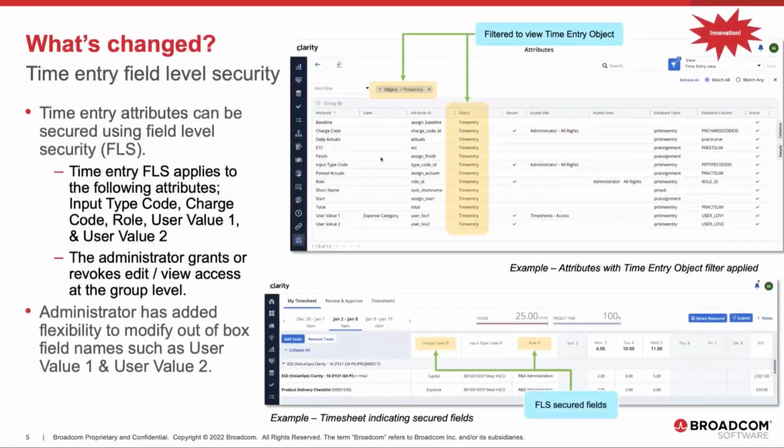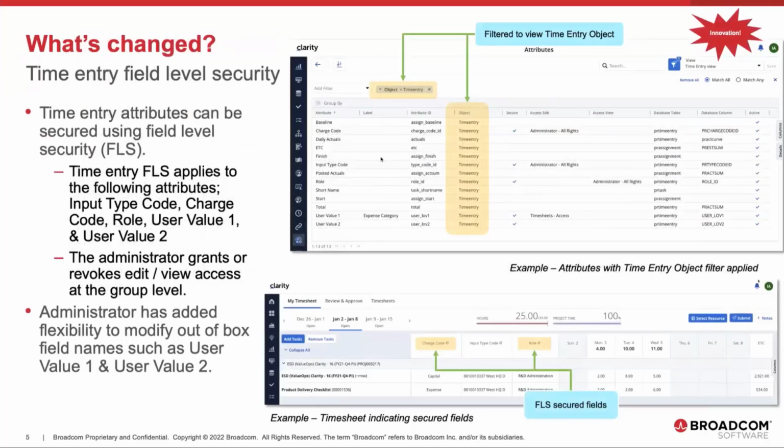So what's changed? As I mentioned, field level security from a time entry standpoint: there are roughly 5 attributes that can be changed, in terms of input type code, charge code, role, user value 1 and user value 2.